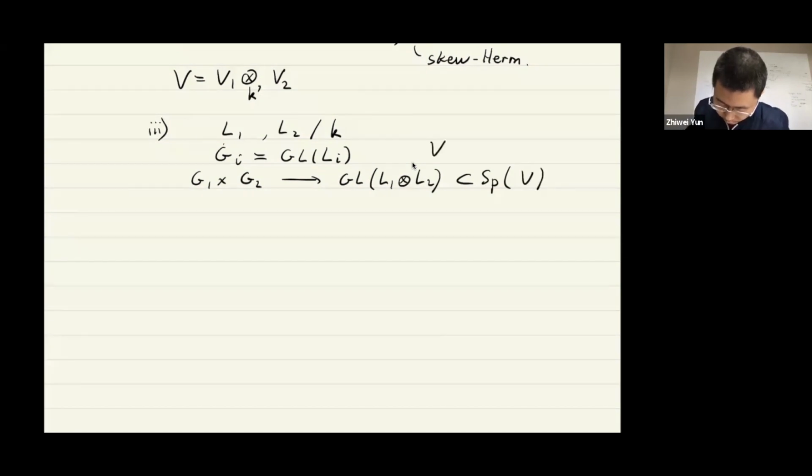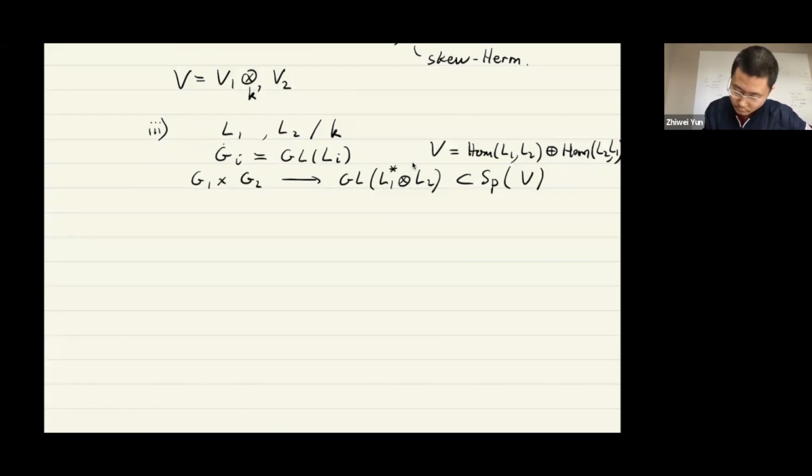Well, so let V be, actually maybe I prefer to write dualize L1. So I take V to be the direct sum of hom from L1 to L2 plus hom from L2 to L1. So this is a symplectic vector space equipped with the splitting into Lagrangians.